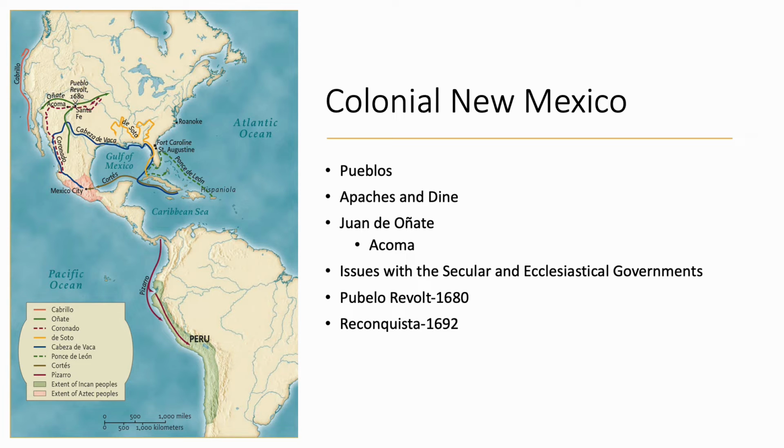Oftentimes their priorities do not match each other. And there are instances, especially in New Mexico, where local governors who don't meet the demands of the church will find themselves arrested and facing an inquisition for violating these rules. And so you have this rivalry forming.